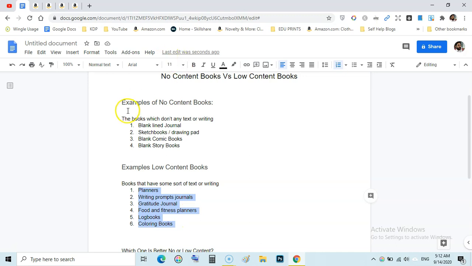Low content books started with very low sales, and the no content books have very low sales, but low content book sales have increased to a great extent. So you first learn the process by publishing these books, then you should move on to low content books, so that you can maximize your profits and your efforts.